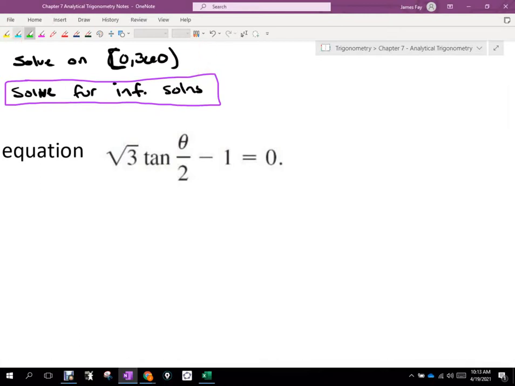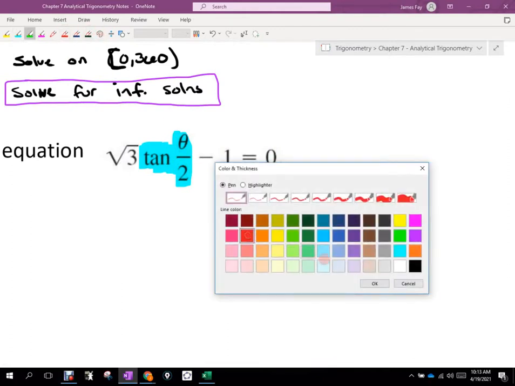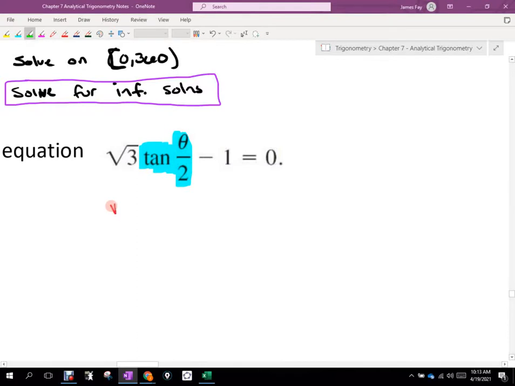So just like always, what you're going to do is try to isolate the trig function. So what's the first thing I would do to isolate that trig function? We're going to add 1 to both sides, so I get root 3 tangent of theta over 2 is equal to 1.